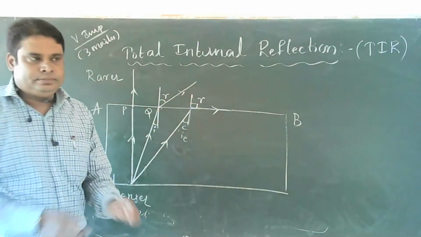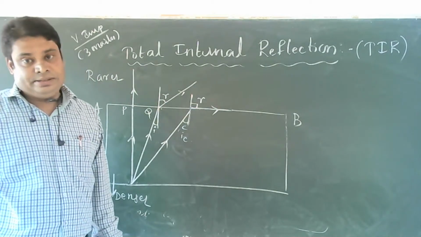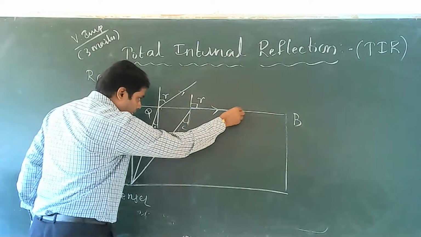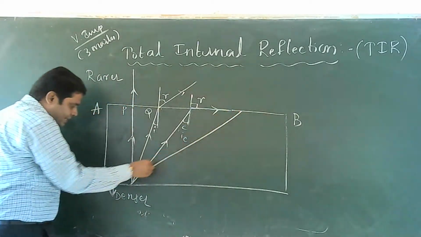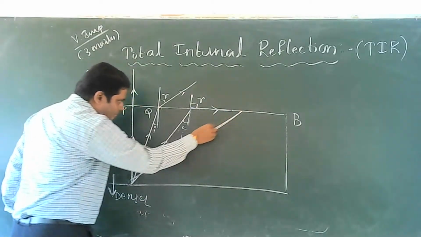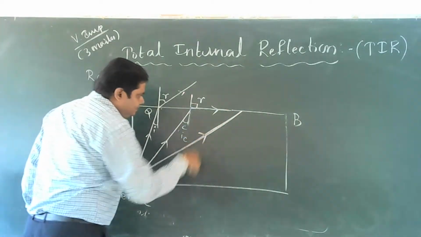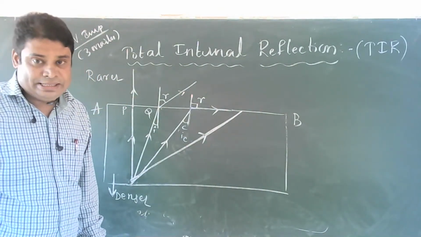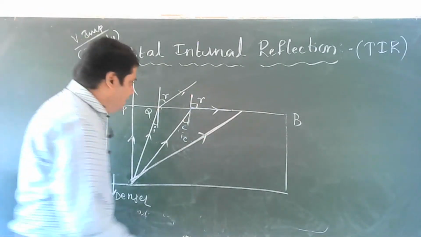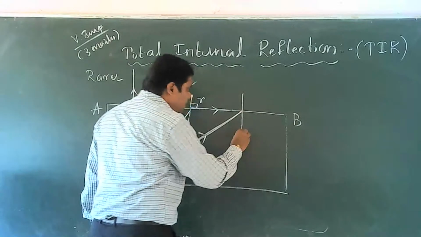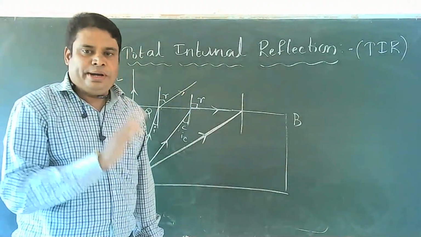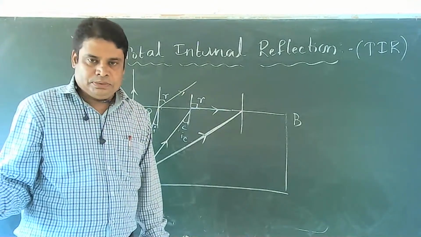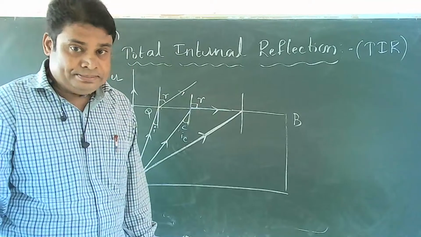Here too, there is some question. If by chance your angle of incidence increases beyond the critical angle, if the angle of incidence is more than the critical angle, then there will be no refraction at all. No part of light is refracted.